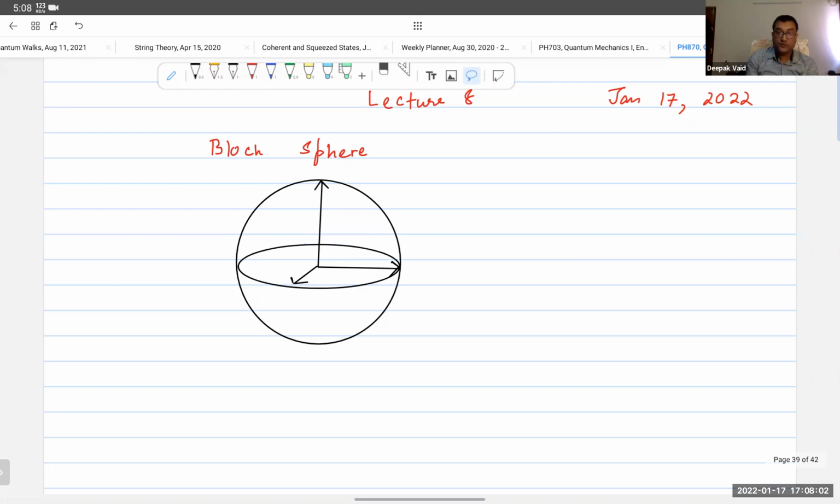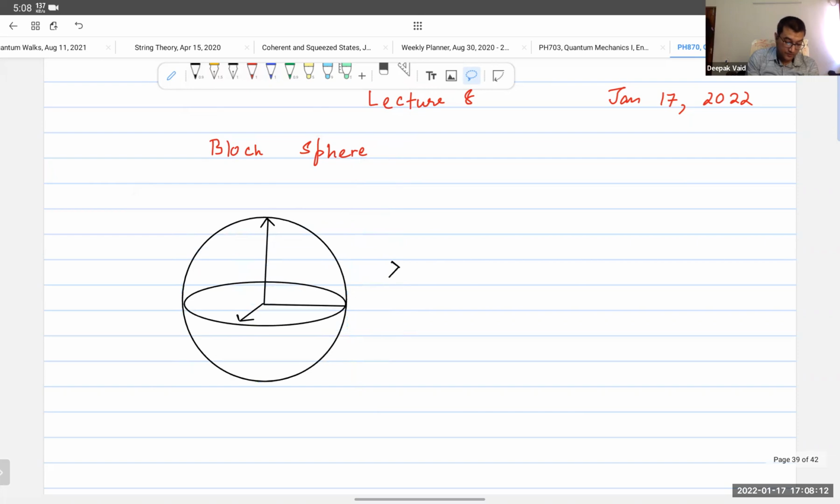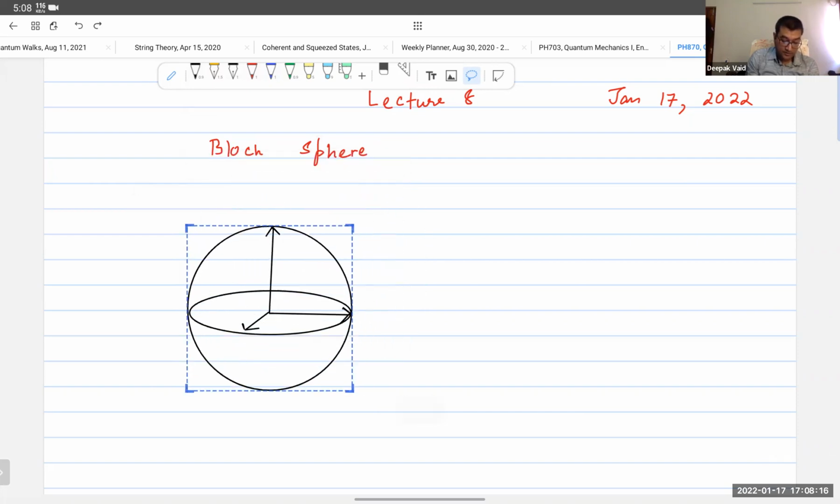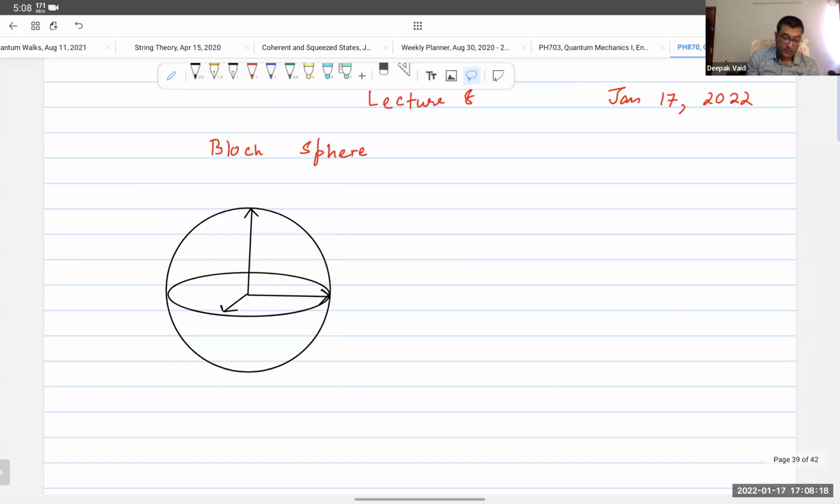So this is a sphere, obviously, and let me just move it a little bit. What this sphere is supposed to represent is a single qubit, a single spin 1/2 particle.